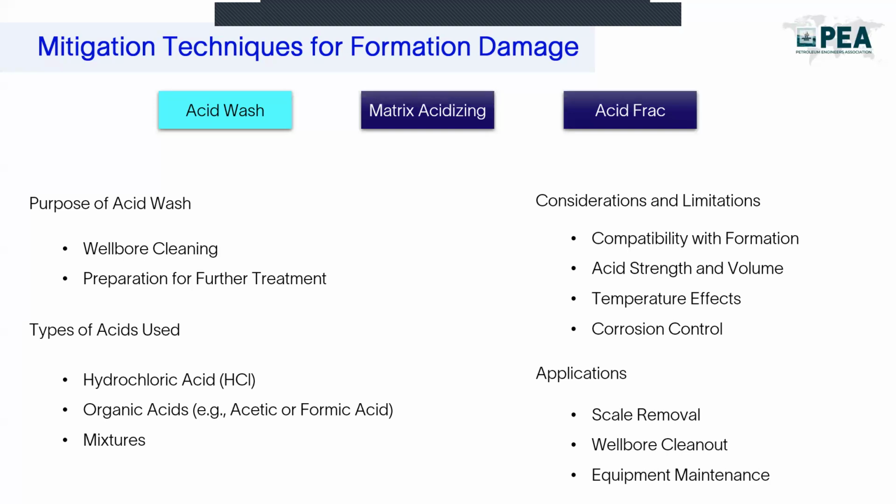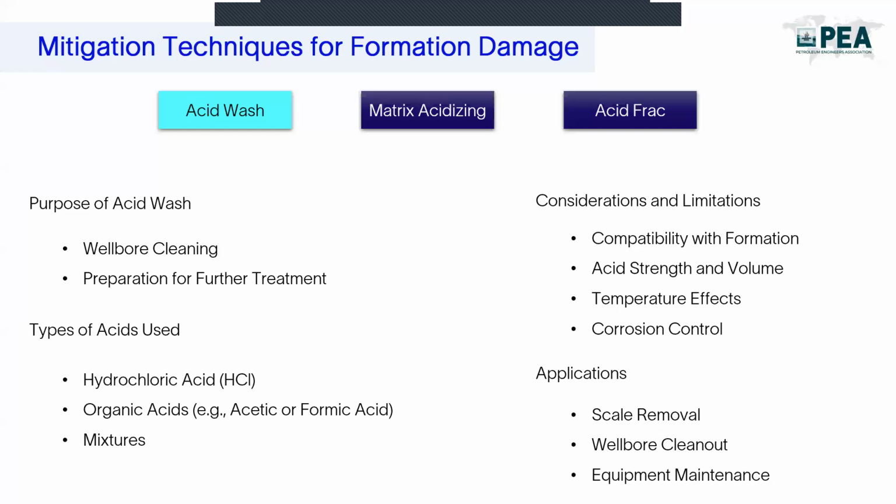Another limitation for acid wash that needs to be considered is that higher temperatures can accelerate the acid reactions, which could be beneficial or not, depending on the specific situation.